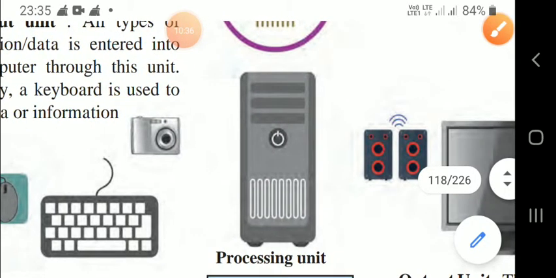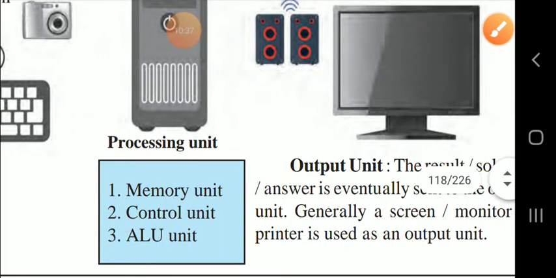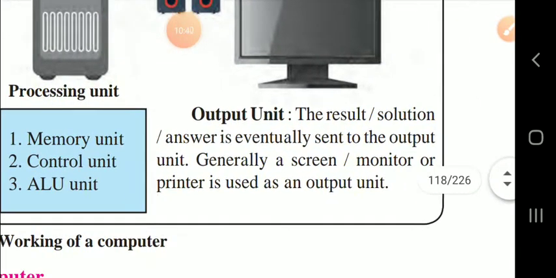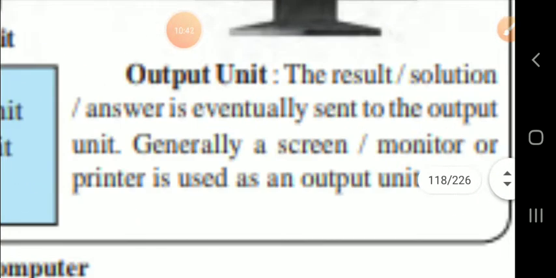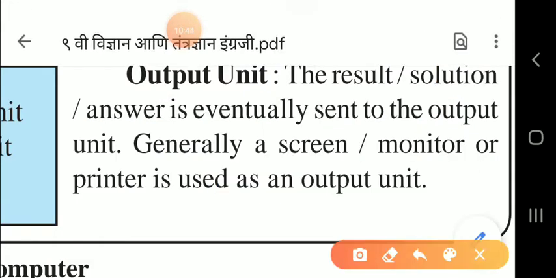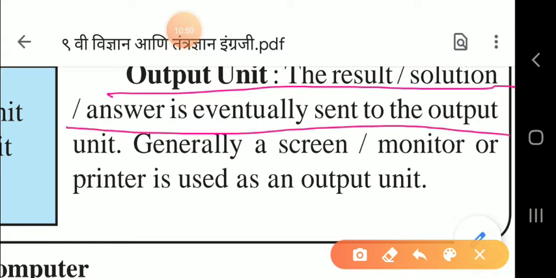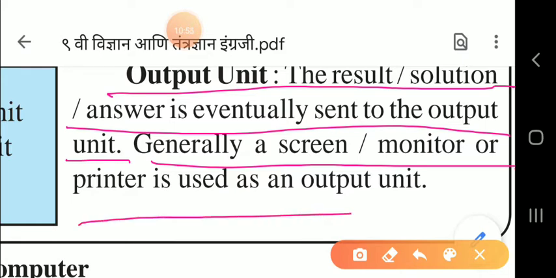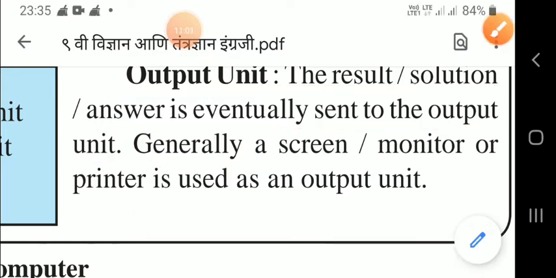Then what is the output unit? Here we can see the output unit. The result or solution or answer is eventually sent to the output unit. Generally a screen or monitor or printer is used as an output unit. So you have seen here examples of the output unit.